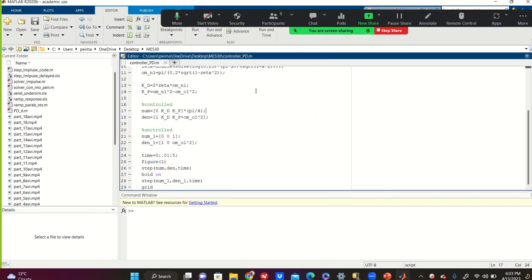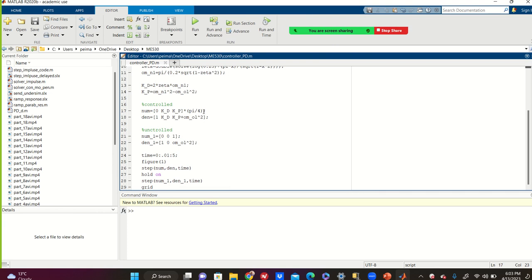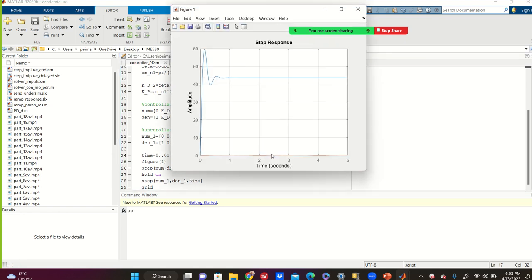Now, if you want to have a better vision, let me say I multiplied this by 180 divided by pi. Let's see what happens. What happened? See the numbers. 45 degree.